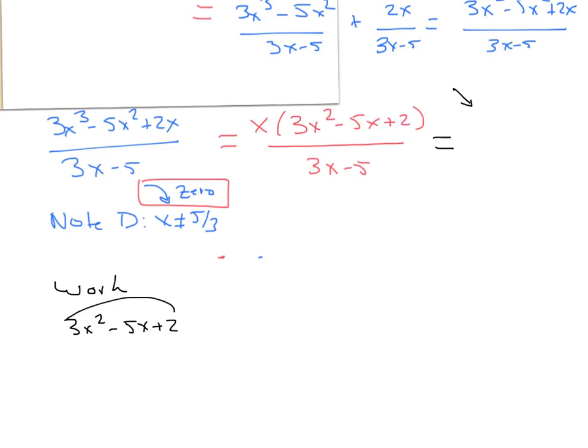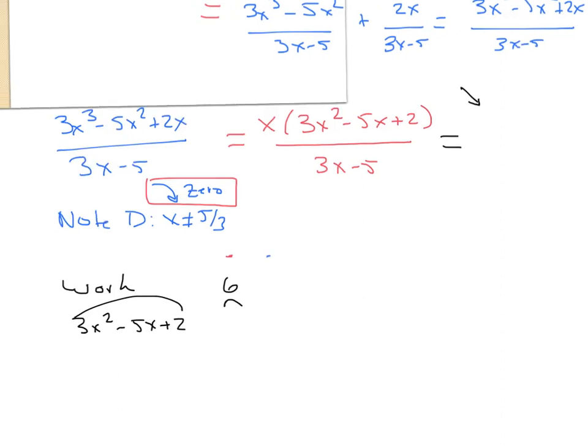Take the leading coefficient and the constant, and I multiply them. What two numbers multiply to 6 but add to negative 5? And those numbers are negative 3 and negative 2. So I'm going to go ahead and split that middle term into negative 3x minus 2x plus 2.